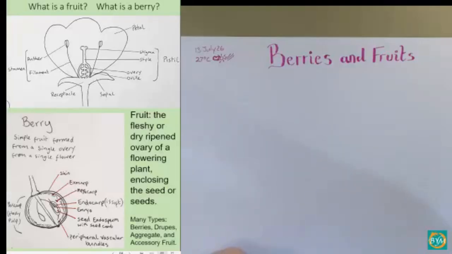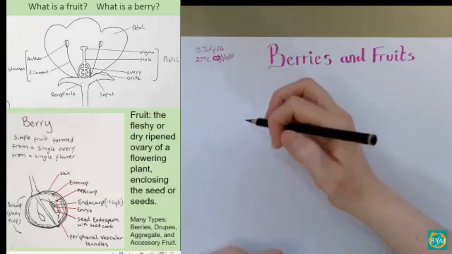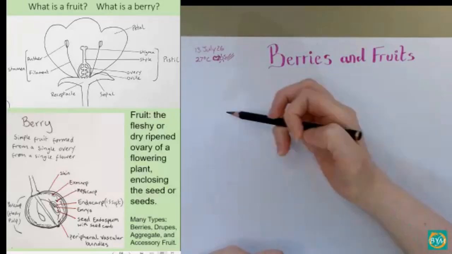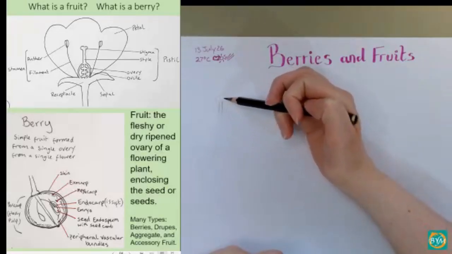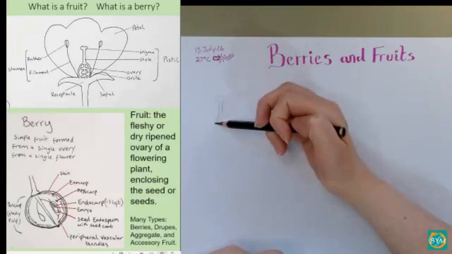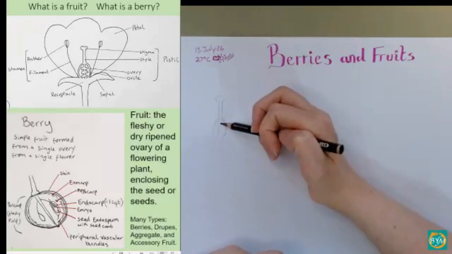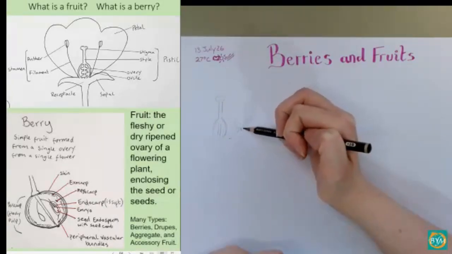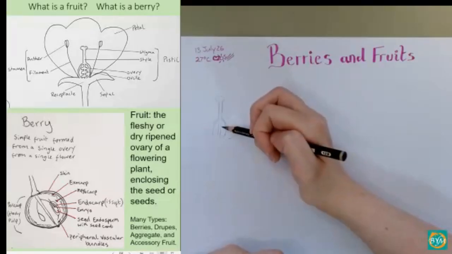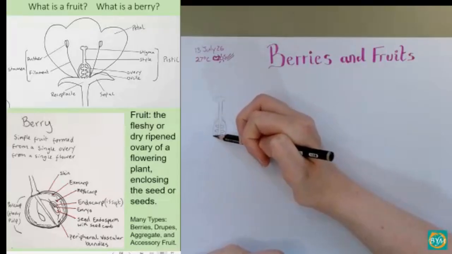In order to understand that, we need to work out where the ovary is. If you have a look at our basic diagram of a flower over here, the central part of our flower is something a little bit like this. This section in here is the ovary, and inside it there are little ovules, and these are what turn into the seeds.